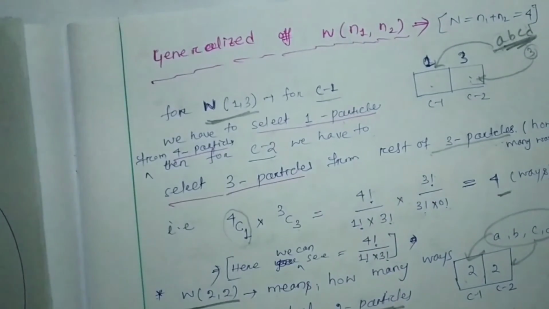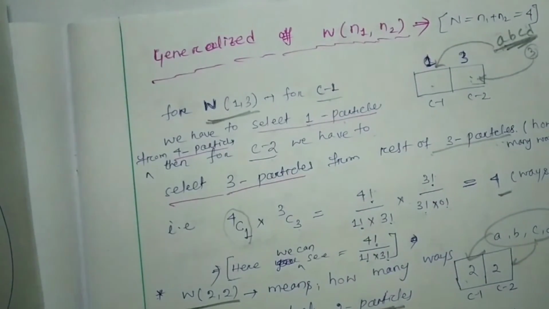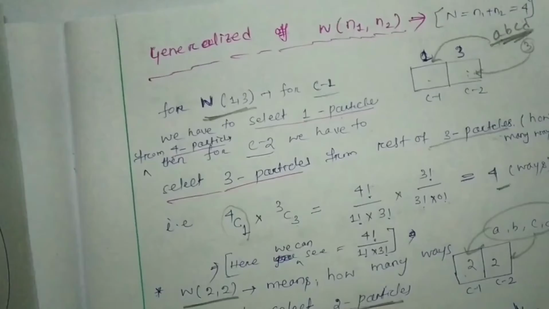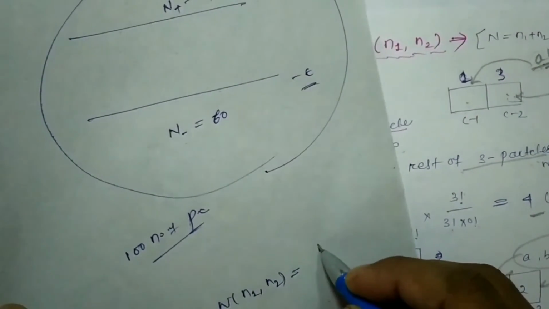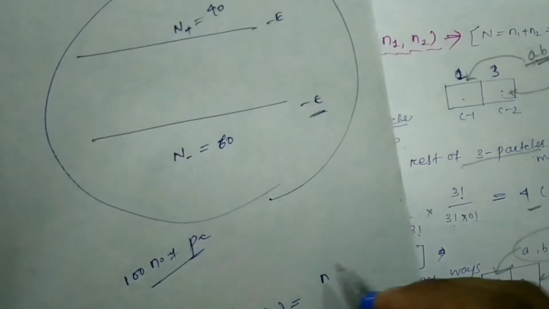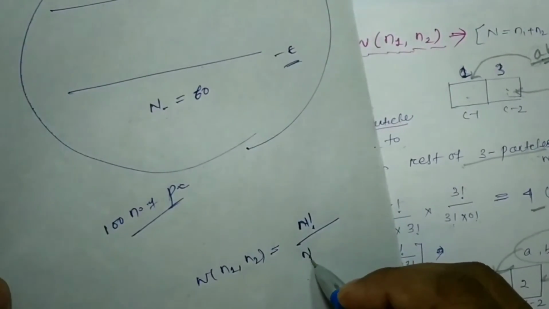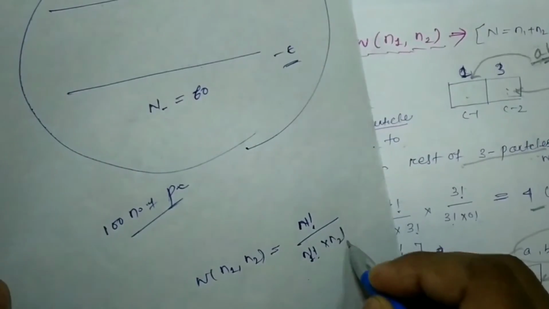We found n factorial, the total number of particles factorial, divided by n1 factorial into n2 factorial.